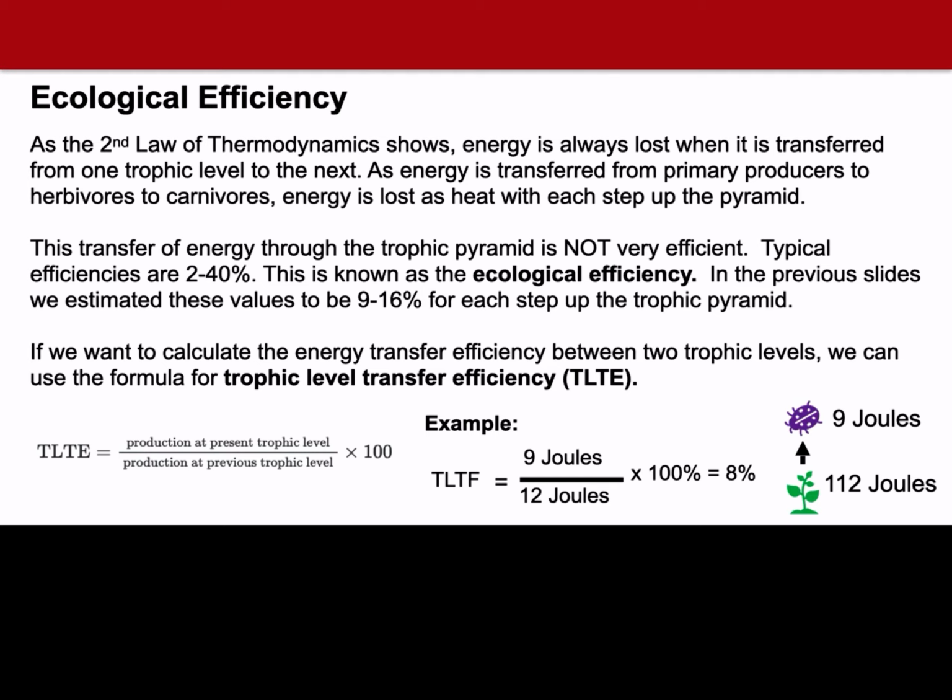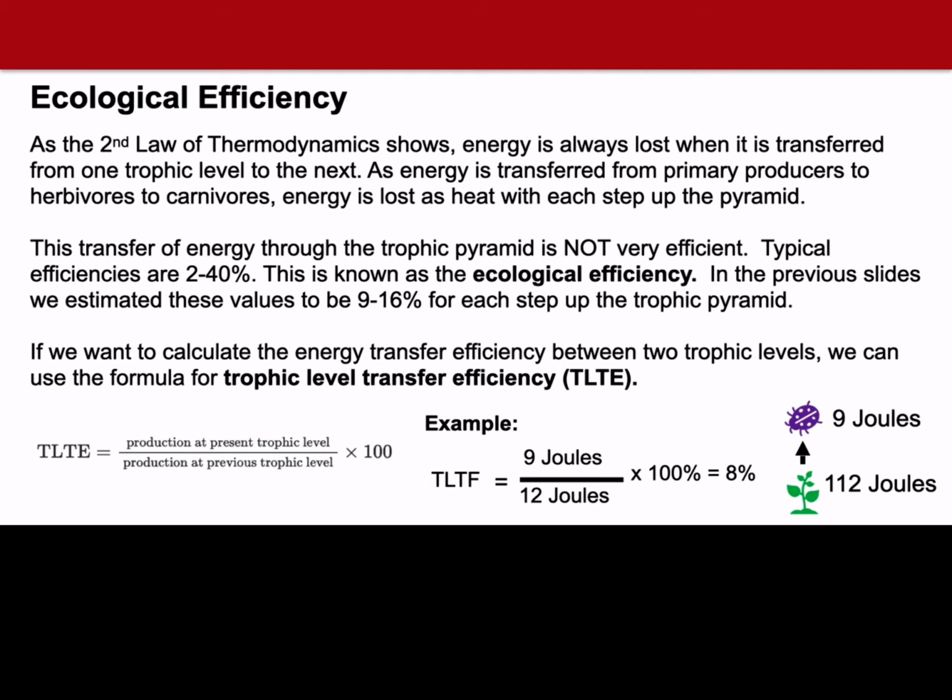If we want to calculate the energy transfer efficiency between two trophic levels, we can use the formula shown here. We take energy production at the present trophic level divided by the energy production at the previous trophic level and multiply it by 100 to get percent efficiency.